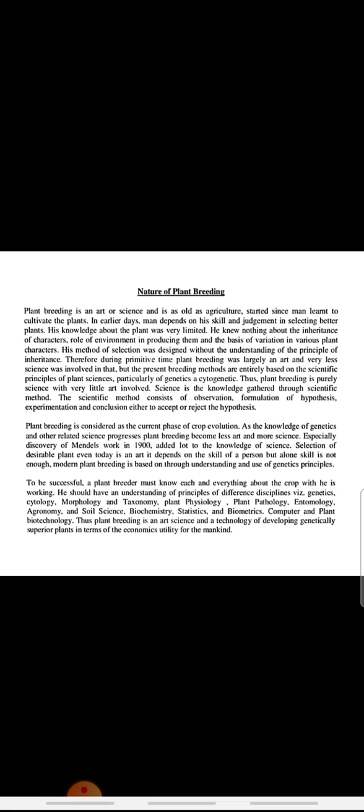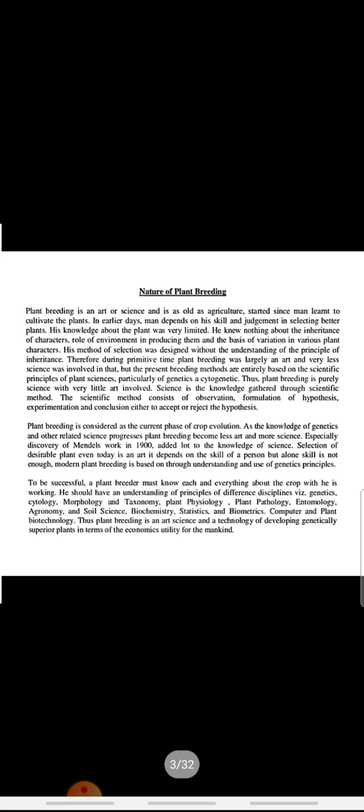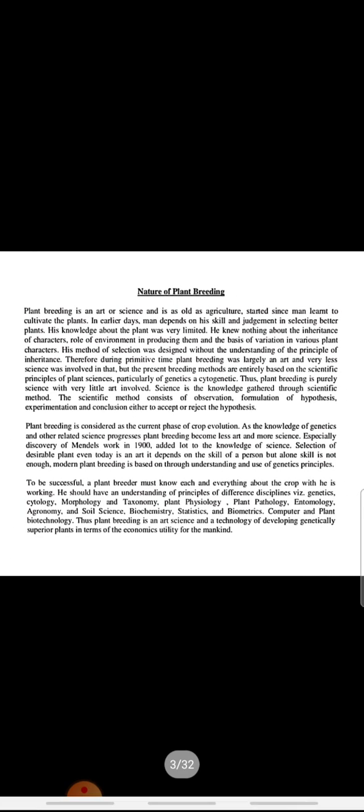Thus, plant breeding is purely science with very little art involved. Science is the knowledge gathered through scientific methods. The scientific methods consist of observation, formulation of hypothesis, experimentation, and conclusion, either to accept or reject the hypothesis.